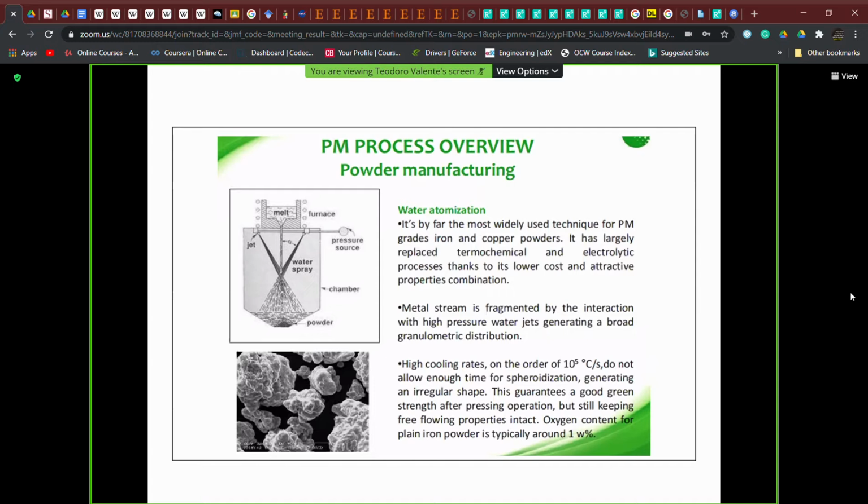Two other very important technologies which broadened the possibility to fabricate metallic alloys in form of powders, to be used as raw materials for PM techniques, are, as we already mentioned, the water atomization and the gas atomization. What is the water atomization?